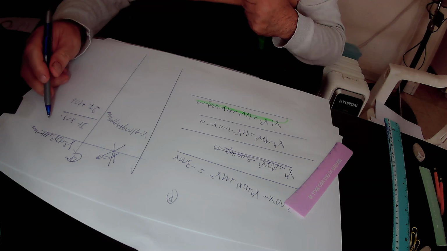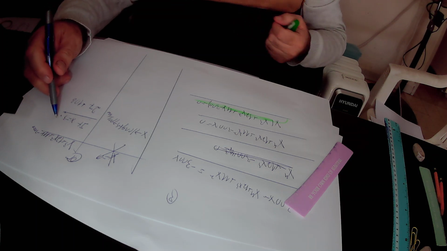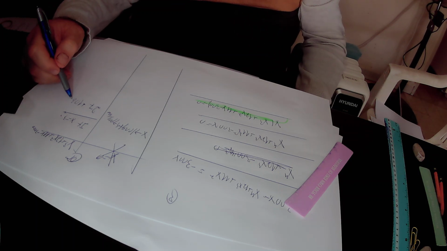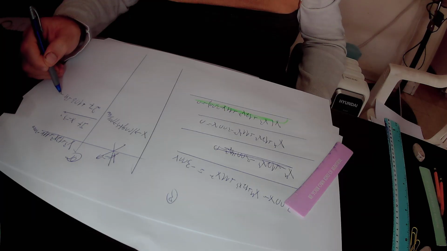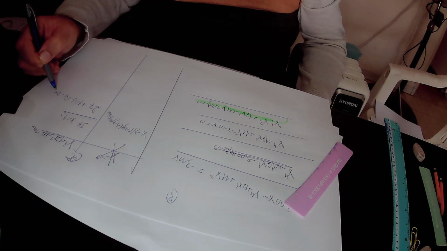And we have plus 11x, x is 3, so 11x is 11 times 3, that is 33. And we also have minus 300, and it must be equal to 0.